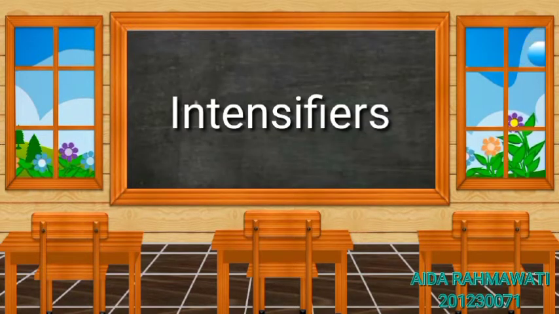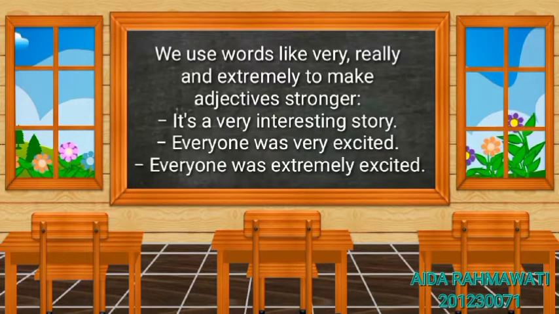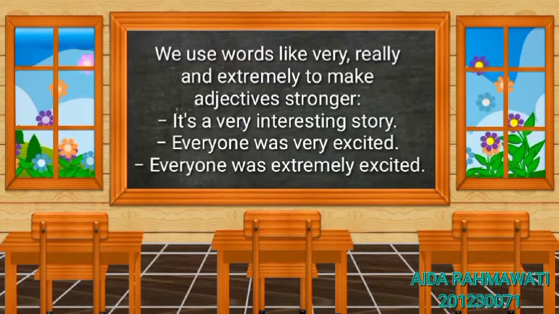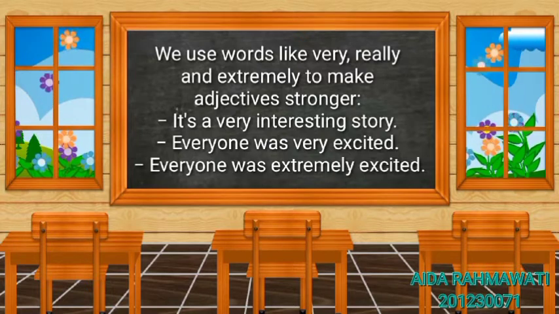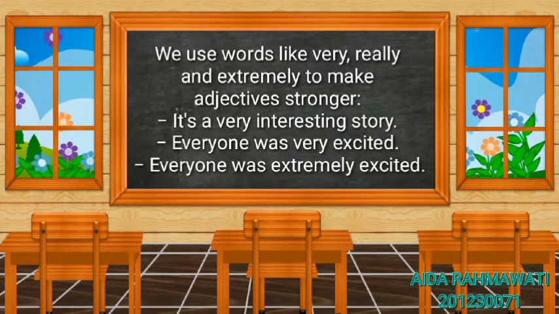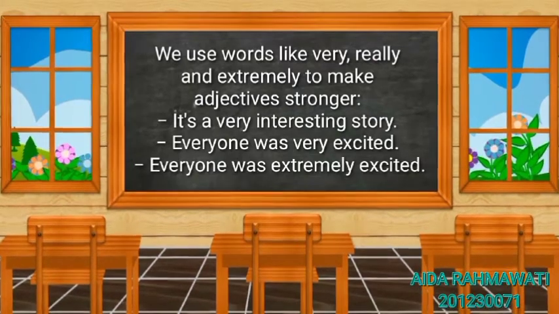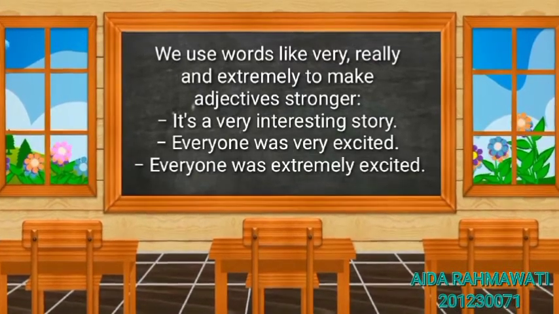And the last, intensifiers. We use words like very, really, and extremely to make an adjective stronger. The first, it is a very interesting story. The second, everyone was very excited. And the third, everyone was extremely excited.